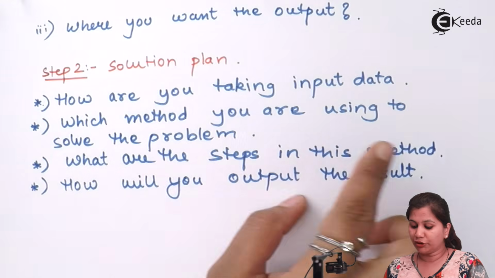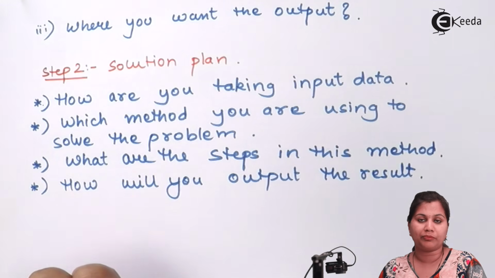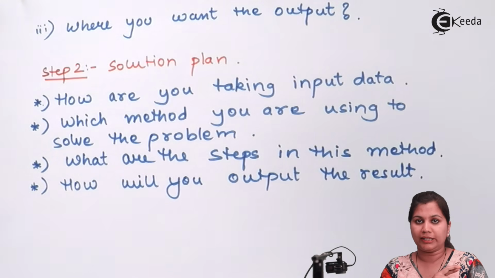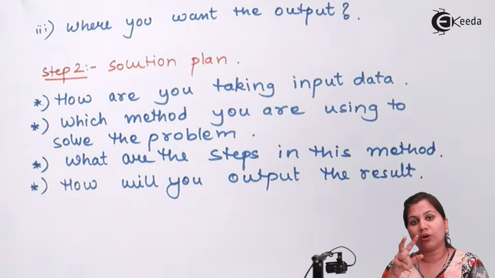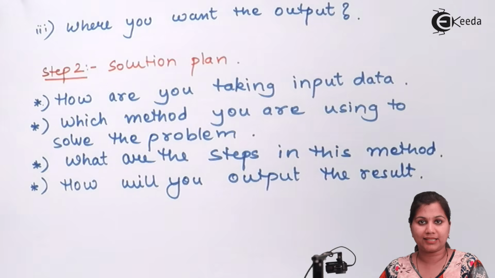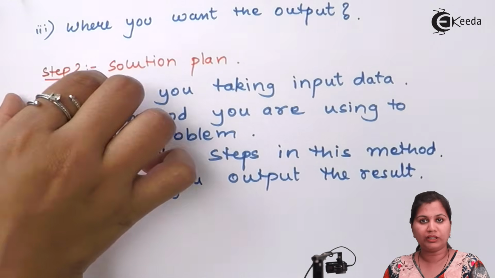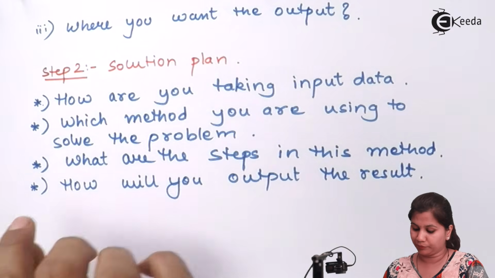Also, which method you are using to solve the problem. Suppose you have to do the addition. Now, how you are going to add these two numbers, okay, that you will decide in step number 2. Suppose that you are going to use the addition instruction and then you will add those two numbers, so that you will decide in step number 2.